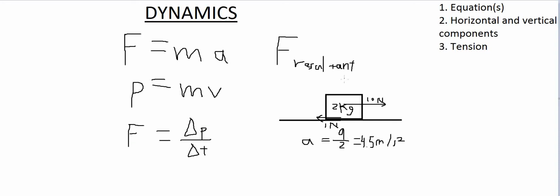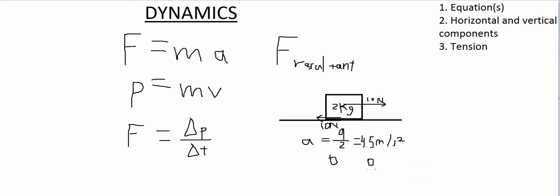And let's say that instead of 1 newton the frictional force is actually 10 newtons, then the resultant force would be 0, and acceleration would be 0 meters per second square.